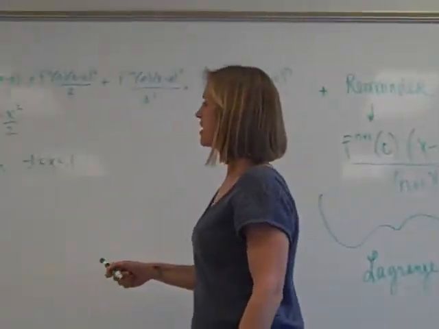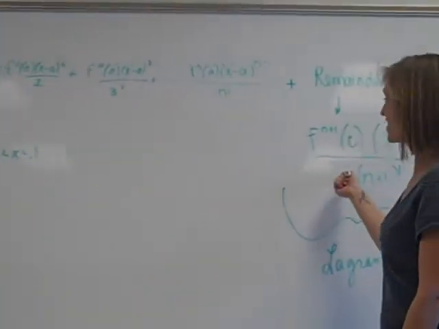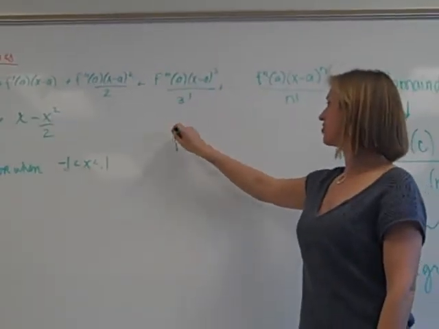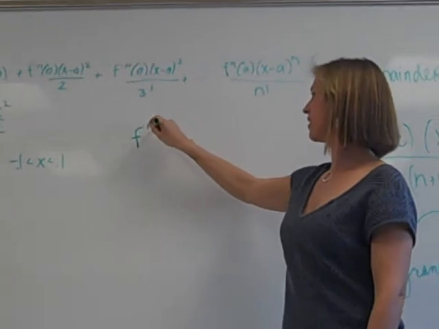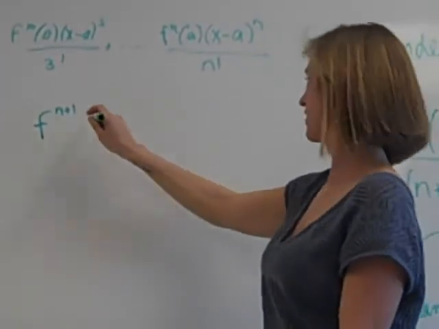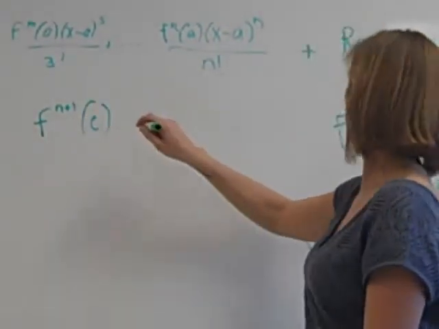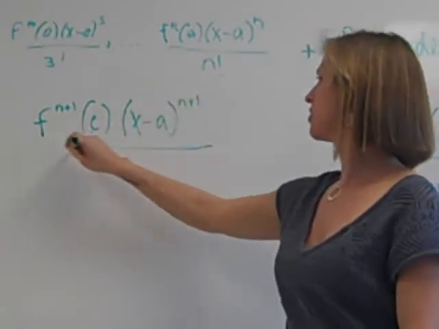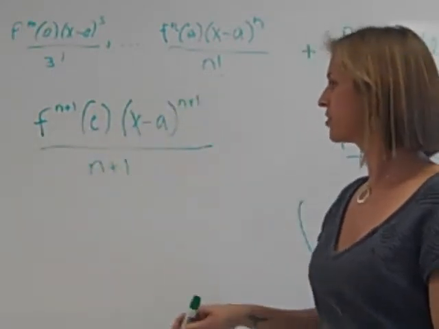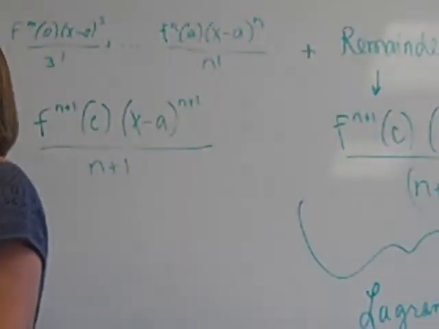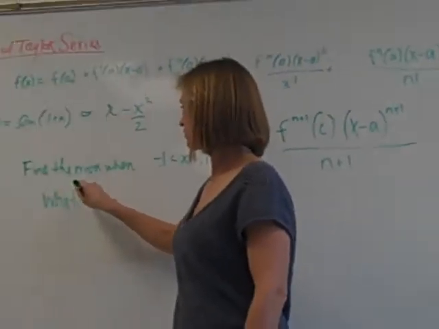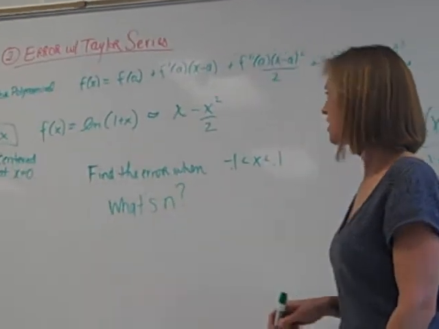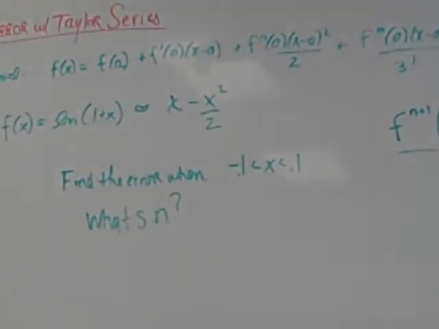So, to find the error, I'm going to use this formula. I'm going to use the n plus 1 derivative at some value c, times x minus a to the n plus 1 over n plus 1. First of all, what's n? N is the number that I went up to.